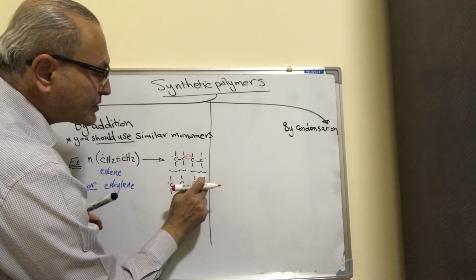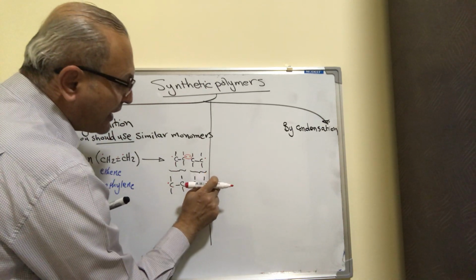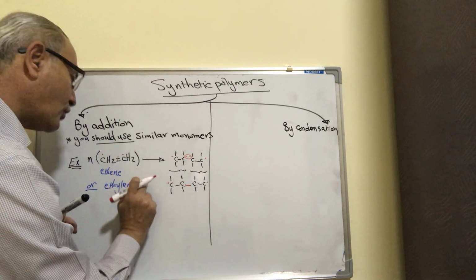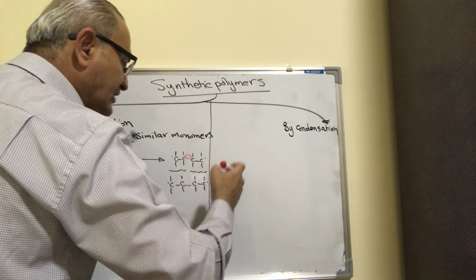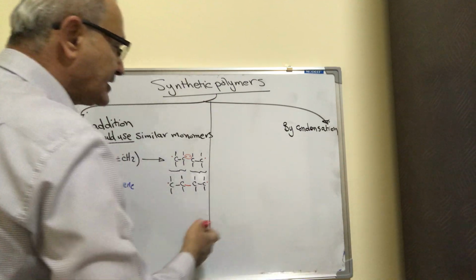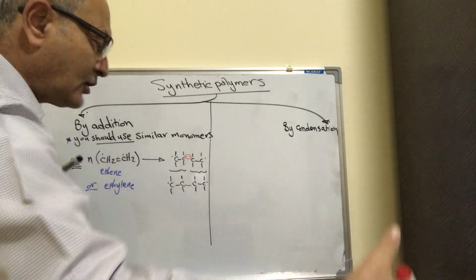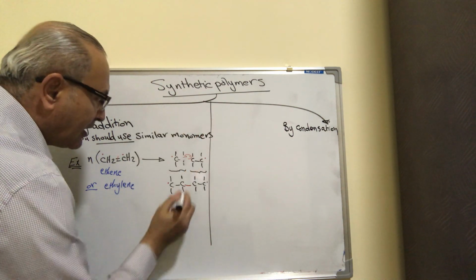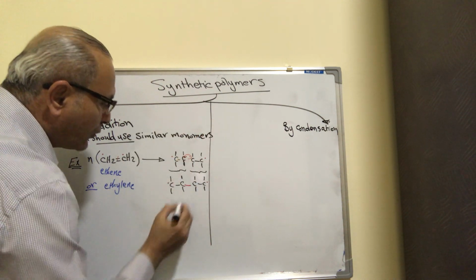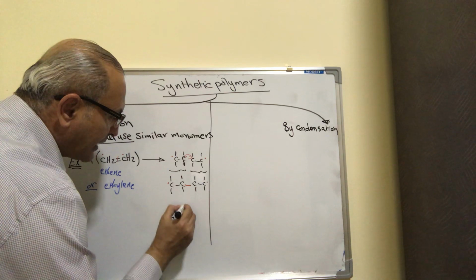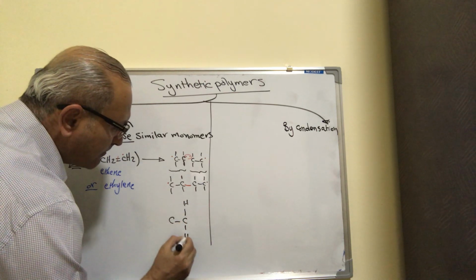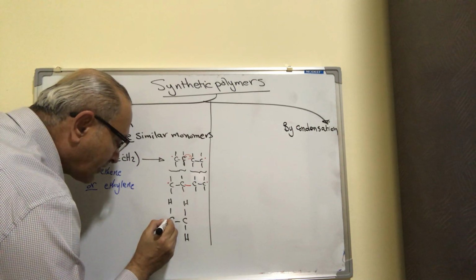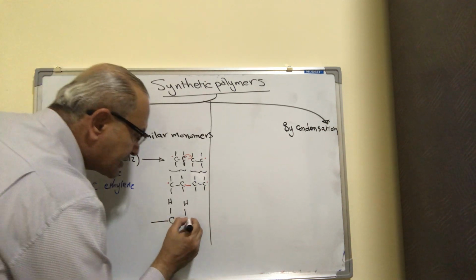This electron is also available to bond with the third monomer, and this one is also available to bond with the fourth monomer, and that's why the chain will increase from both sides, forming a very long chain of the monomer that we can finally represent this way: C, C, H, H, H, H. We can put here a straight line.